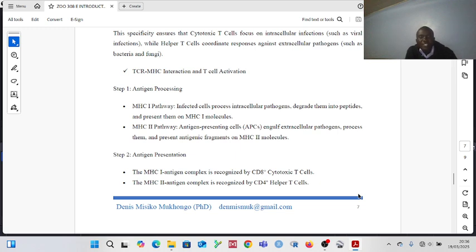In the MHC class 1, MHC1 pathway, that one deals with cells that are infected. So infected cells will process pathogens that are inside them, so intracellular pathogens. Doing that, they will degrade these pathogens into peptides. They now present these peptides on MHC1 molecules.